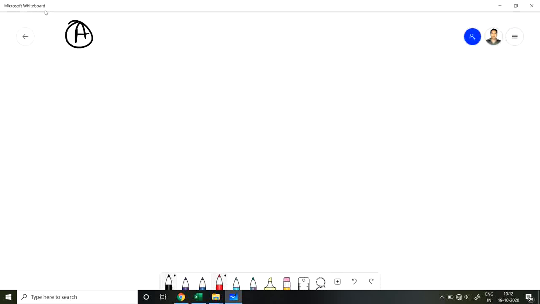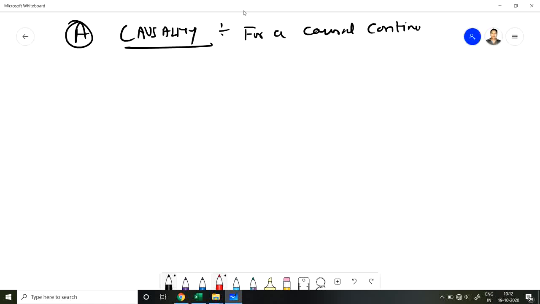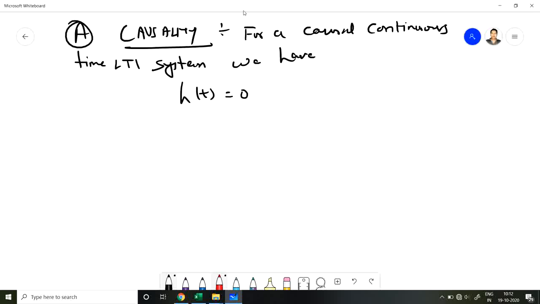There are some characteristics of the system function. First let us study causality. For a causal continuous time LTI system, h(t) is equal to 0 for t less than 0.